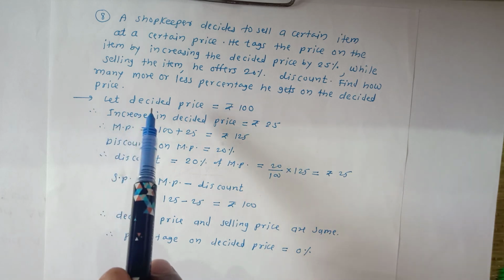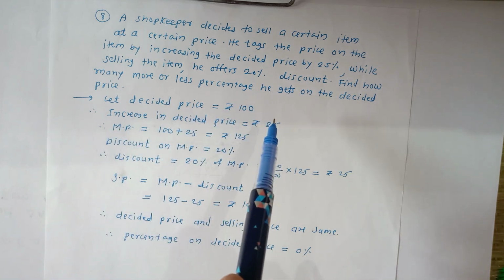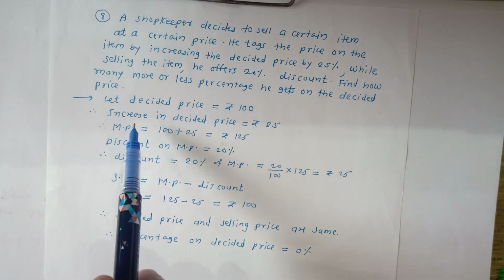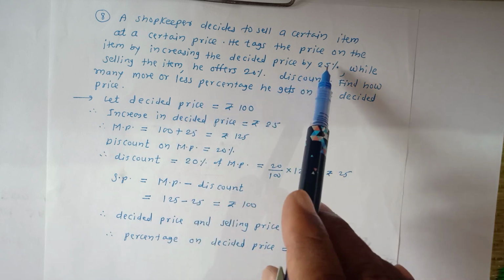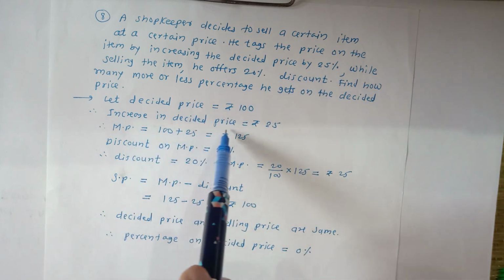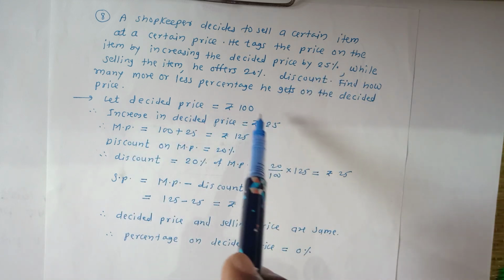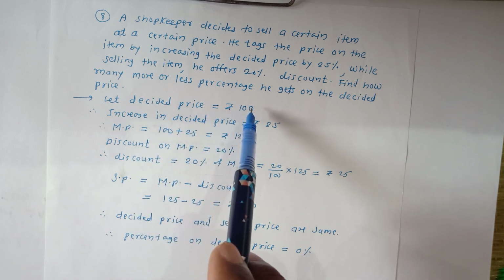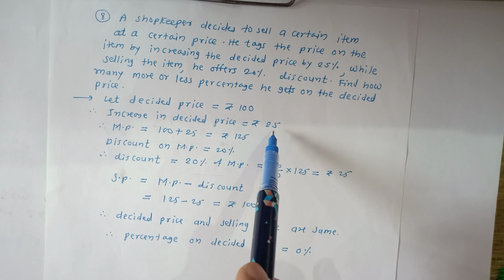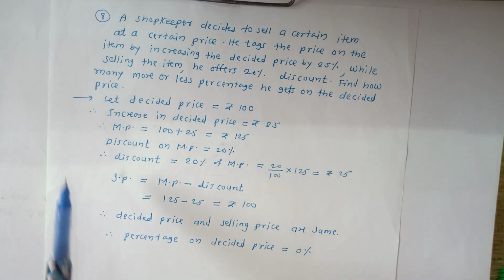Here let the decided price be rupees 100 and the shopkeeper decided to increase the decided price by 25%. So increase will be 25 out of 100. If decided price is 100, then the increase will be 25.